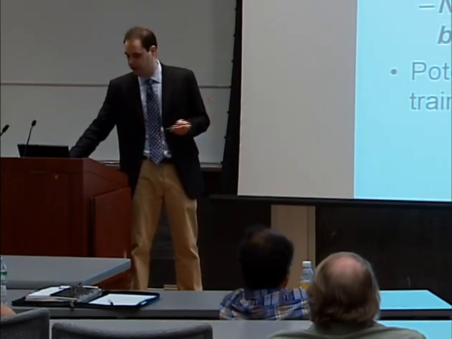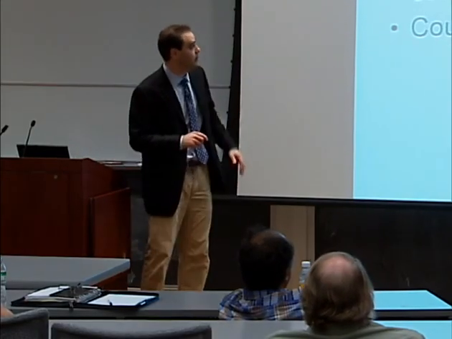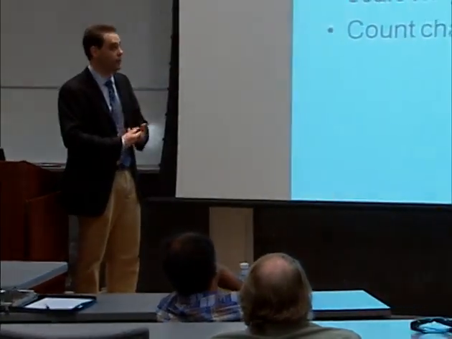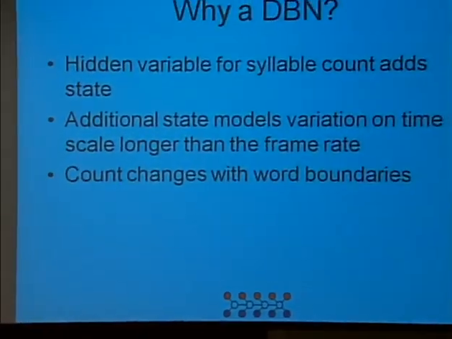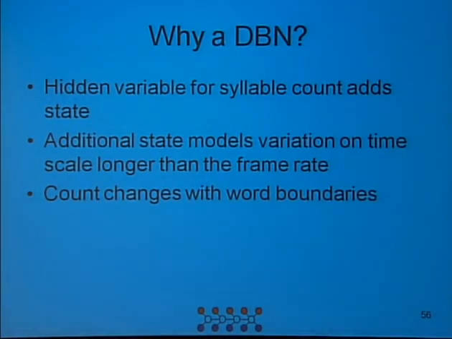And so actually, I touch a little bit on this in the next slide, let me hit it real quickly. So what is the DBN doing for you? You have this hidden variable that models syllable counts, and this adds additional state to the model. And this additional state can model variation on a time scale that's longer than the frame rate.